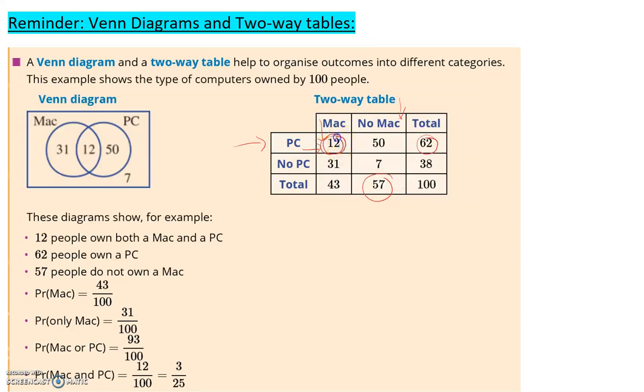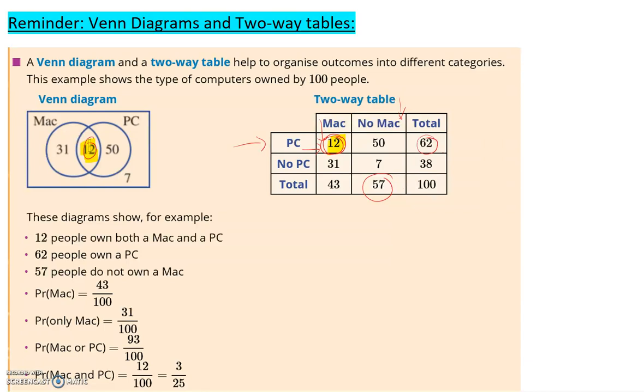This number 12 would match with that 12, which is where our intersection is. So that 12, who own both a PC and a Mac, corresponds to the intersection on our Venn diagram.